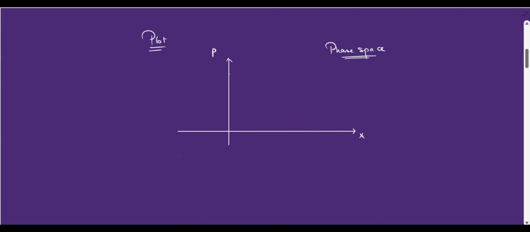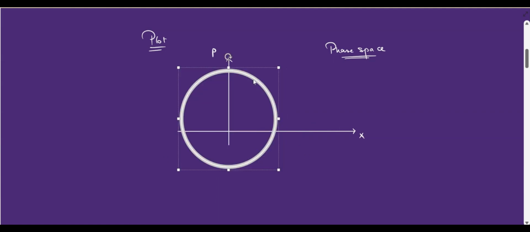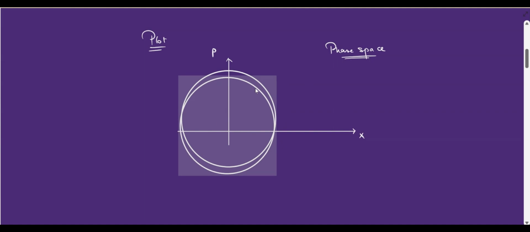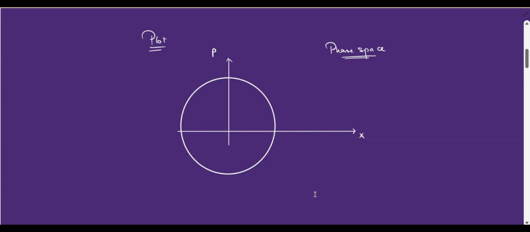So if I plot the points of the harmonic oscillator in this phase space, then I would see that this x and p will be some dot on this particular circle, x tilde at time t, p tilde at time t.